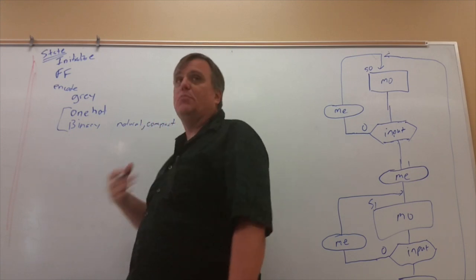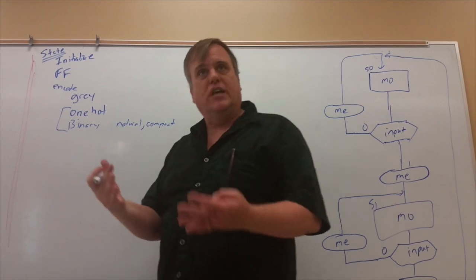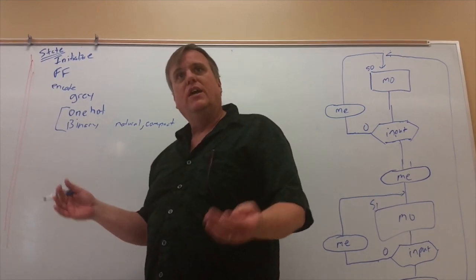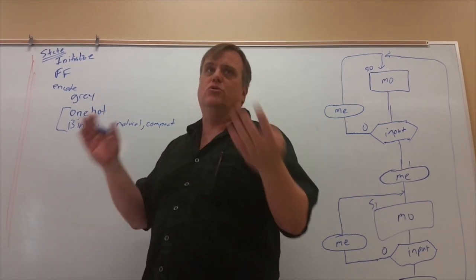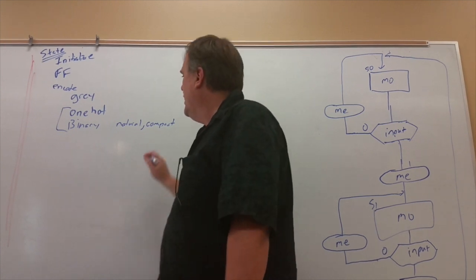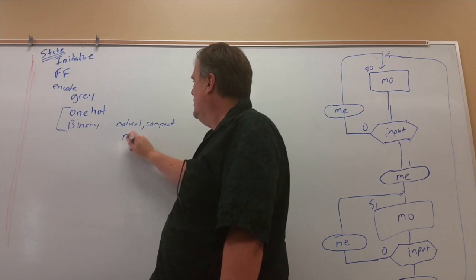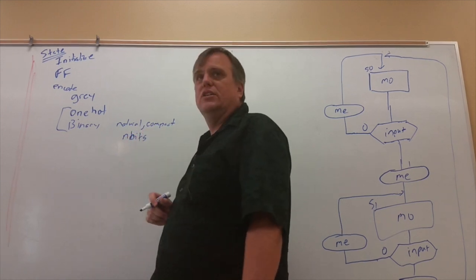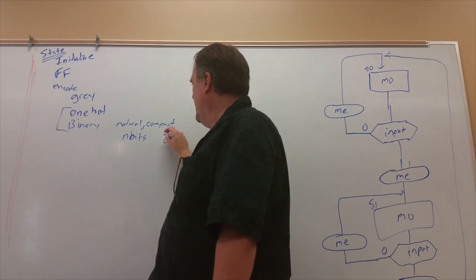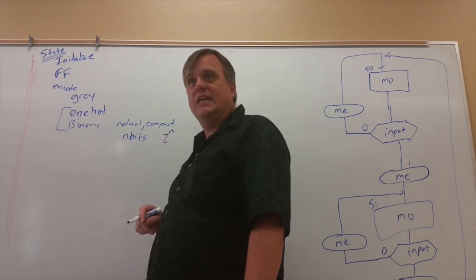If you're trying to separate a number of possible states with as few bits as possible, it takes the fewest number of bits to enumerate the largest number of states. In particular, if I have n bits, how many states can I enumerate? 2 to the n. That's an awful lot of states.